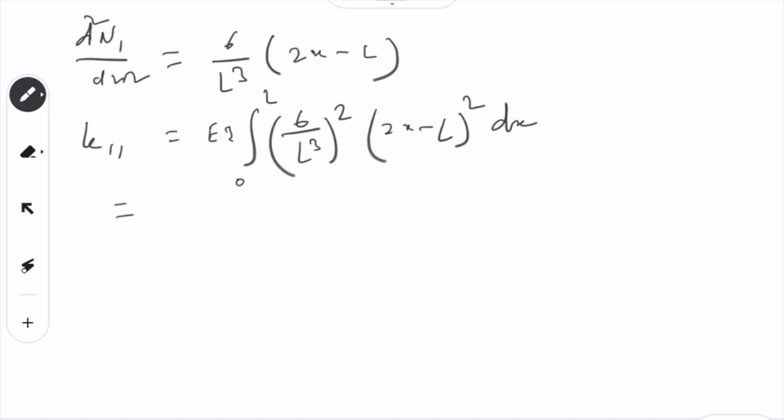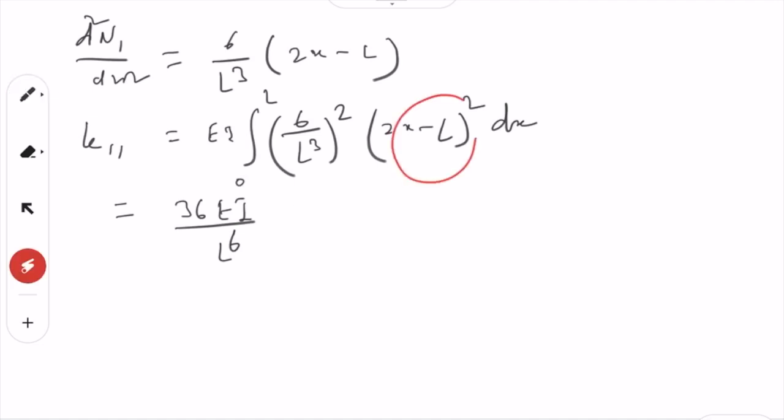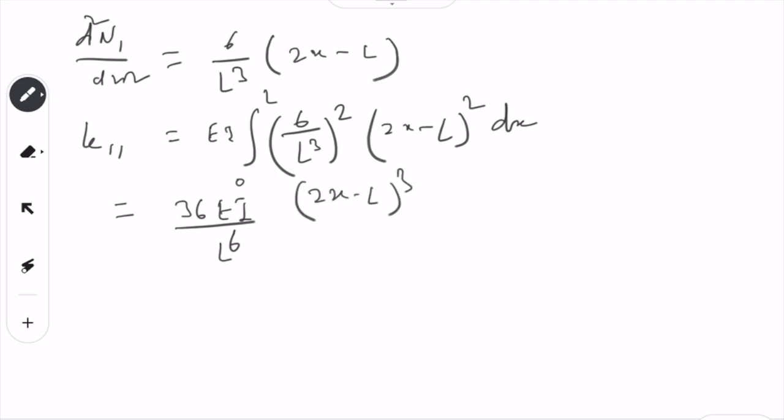So, this will be 36 EI over L to the power 6, and then this one. We get (2x minus L) cubed over 3 times 2, coming from this one, and this is from L to 0.